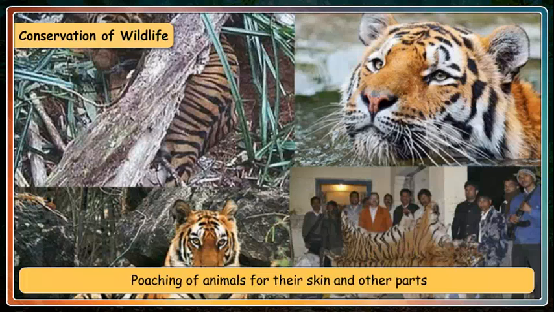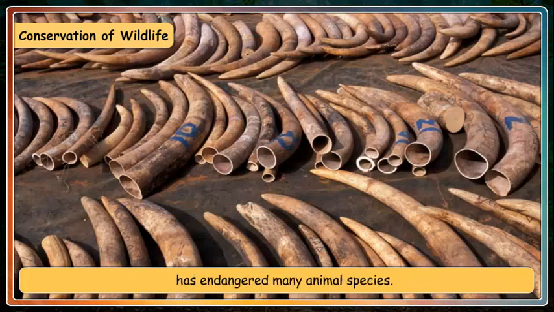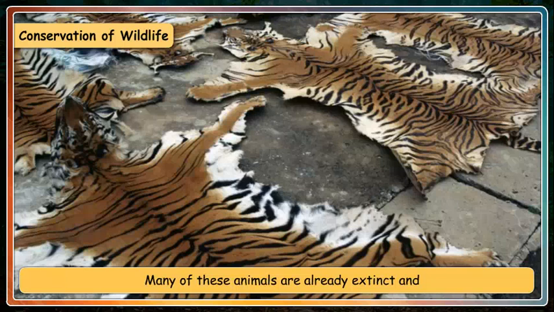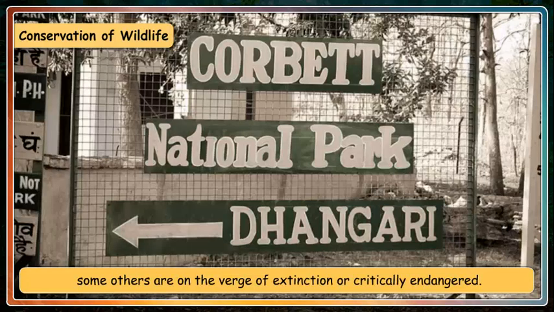Conservation of wildlife. Poaching of animals for their skin and other parts has endangered many animal species. Many of these animals are already extinct and some others are on the verge of extinction or are critically endangered.